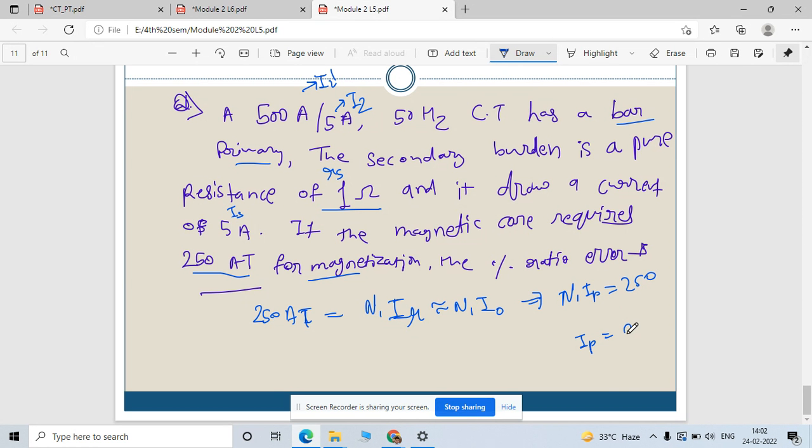So this primary is nothing but your 250 ampere here. This is your no load component, your I naught, the no load current.